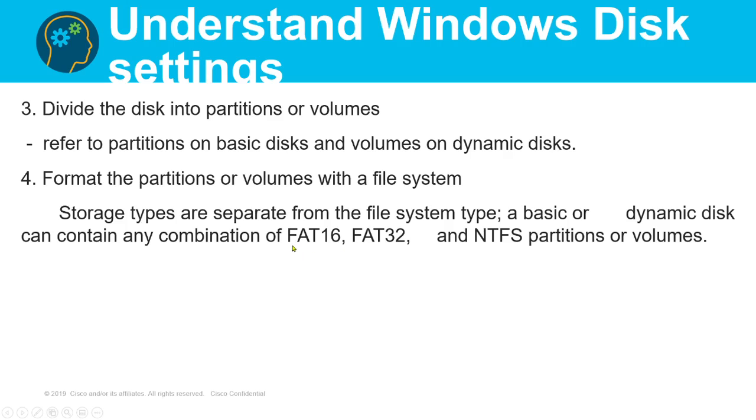It stands for File Allocation Table 16. FAT32 is File Allocation Table 32-bit. And NTFS stands for New Technology File System. Okay? In the last part, we will discuss that.